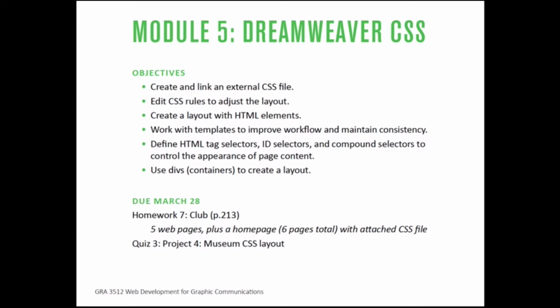All that you're provided from Against the Clock is the text that you need to include, which includes 5 web pages plus a home page, so that makes 6 pages total. Then you will create and attach a CSS file, adding some styles to your pages. And you'll be given the logo from Against the Clock if you download the files for that assignment.